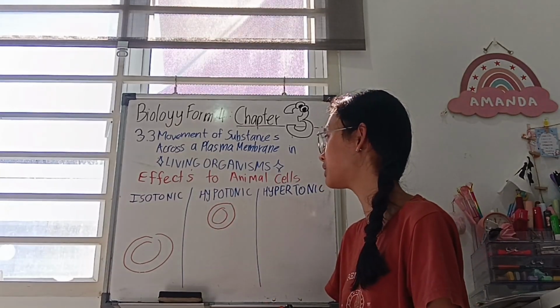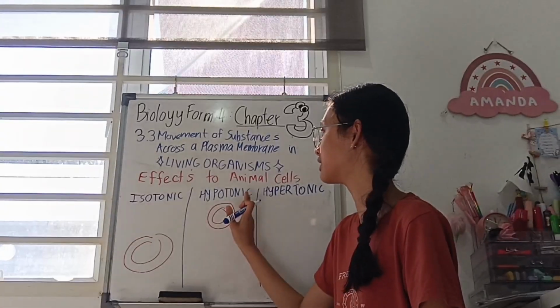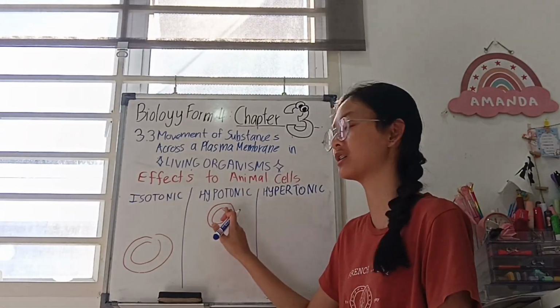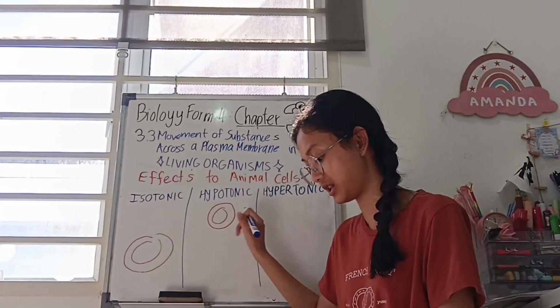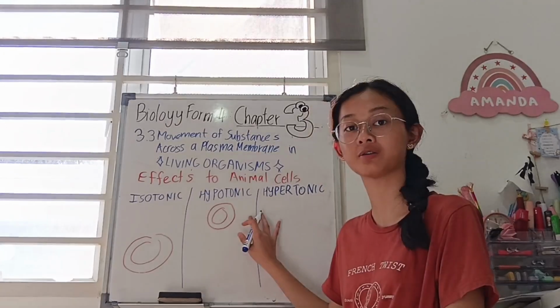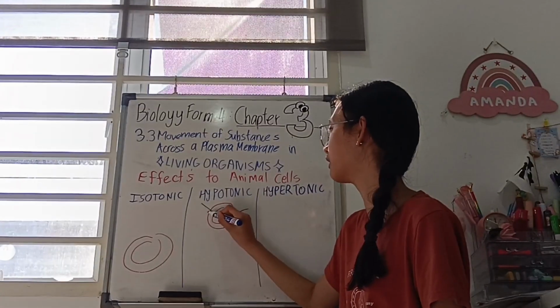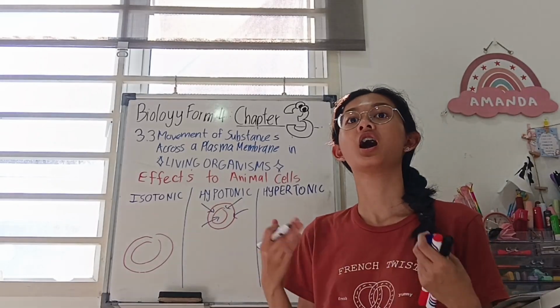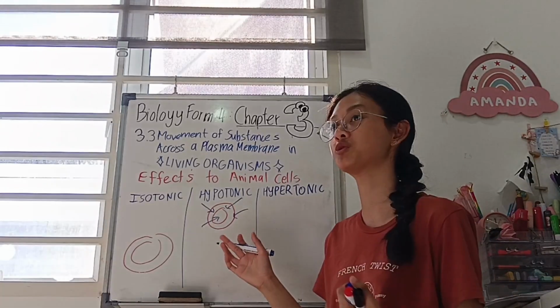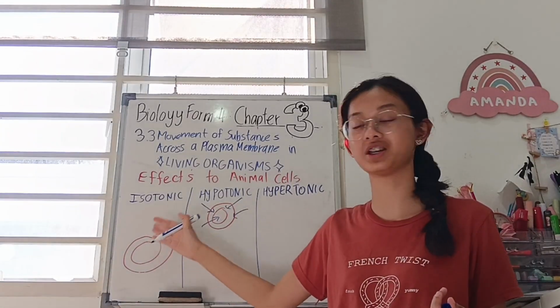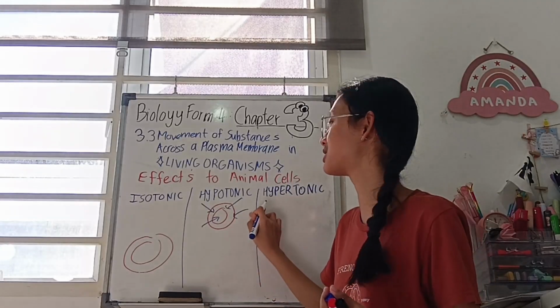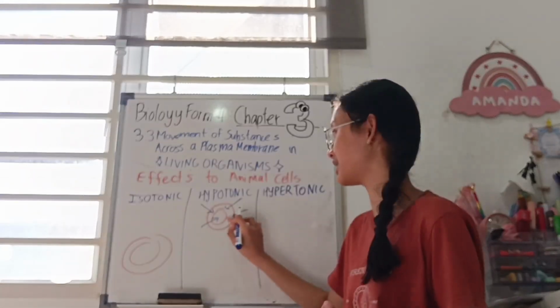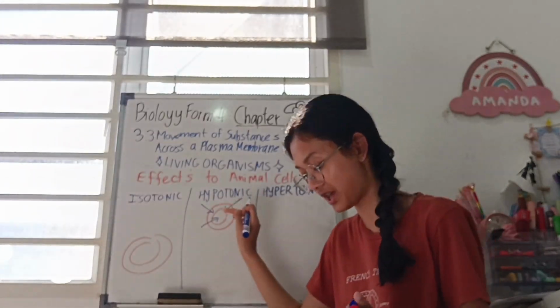So the solution will be hypotonic to the red blood cells, and the water from outside will go into the cell. It will just keep going in because they want to reach dynamic equilibrium. They want it to be even. This one is already even because it's the same. This one outside has more water than the inside, so the water will go into the cell.